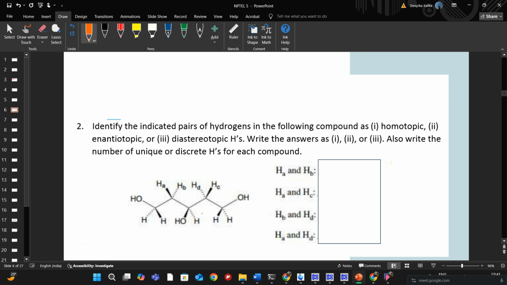So if we look at HA and HB, we will see that HA is on the same face as a hydroxyl group, whereas HB is on the opposite face from the next hydroxyl group.